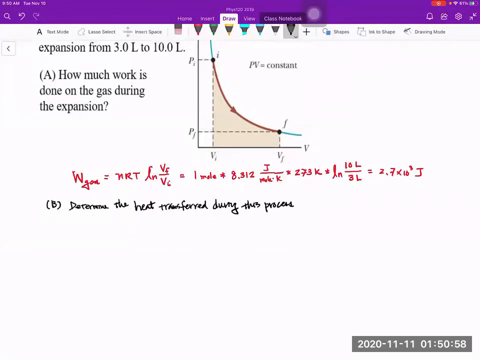The thermodynamics first law tells us the change of the internal energy is equal to the work plus the heat.